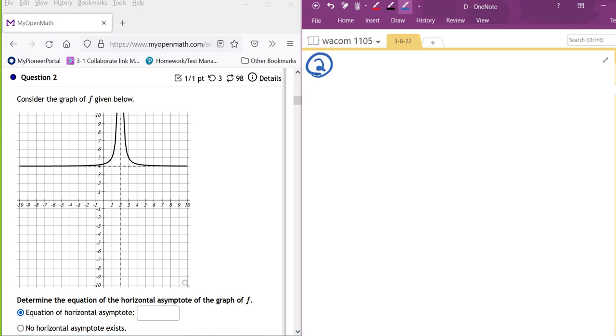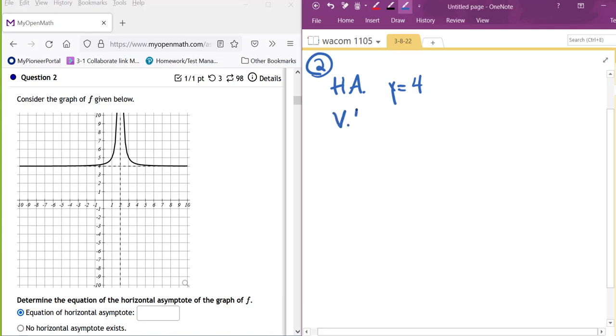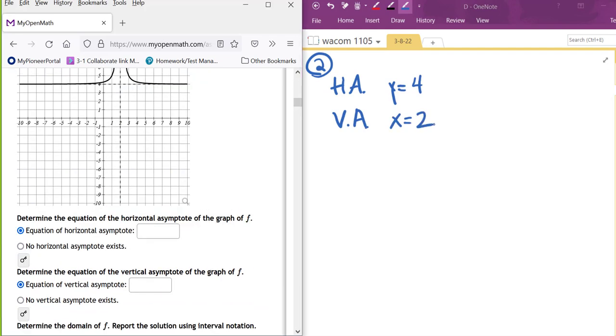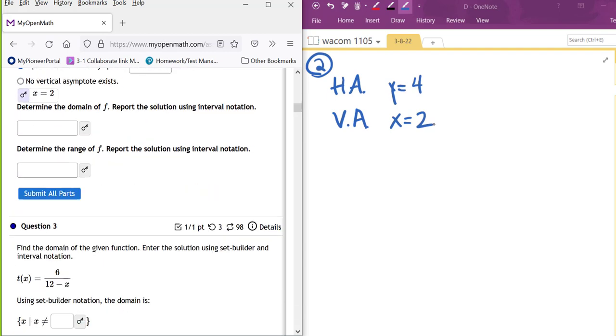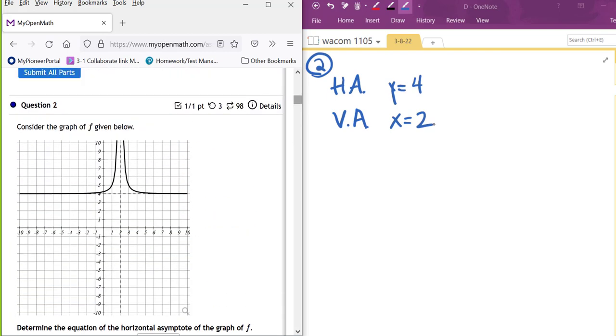And so that is going to be y equals 4. Your vertical asymptote will be this one, and that will be x equals 2. Let's see what else they asked. Check those. So y equals 4, x equals 2, domain and range.